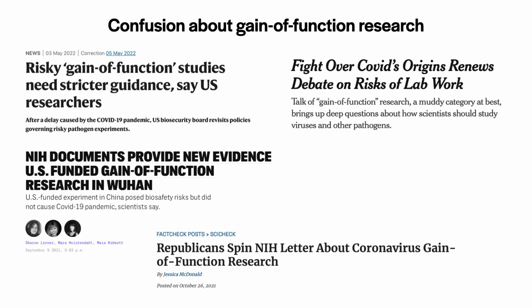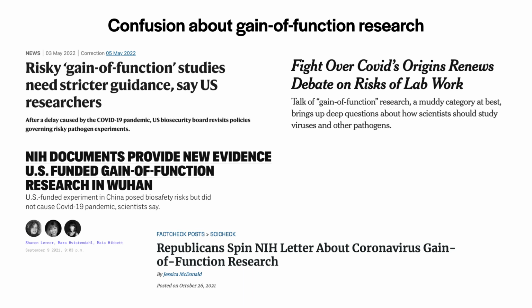So now there are all kinds of political implications of gain of function. Risky gain of function studies need stricter guidance. Fight over COVID's origins renews debate on risks of lab work. So, as I said the other day, the congressional report says the greatest evidence that the virus came from a lab is that they were doing gain of function research, which, it's just an anti-science statement.